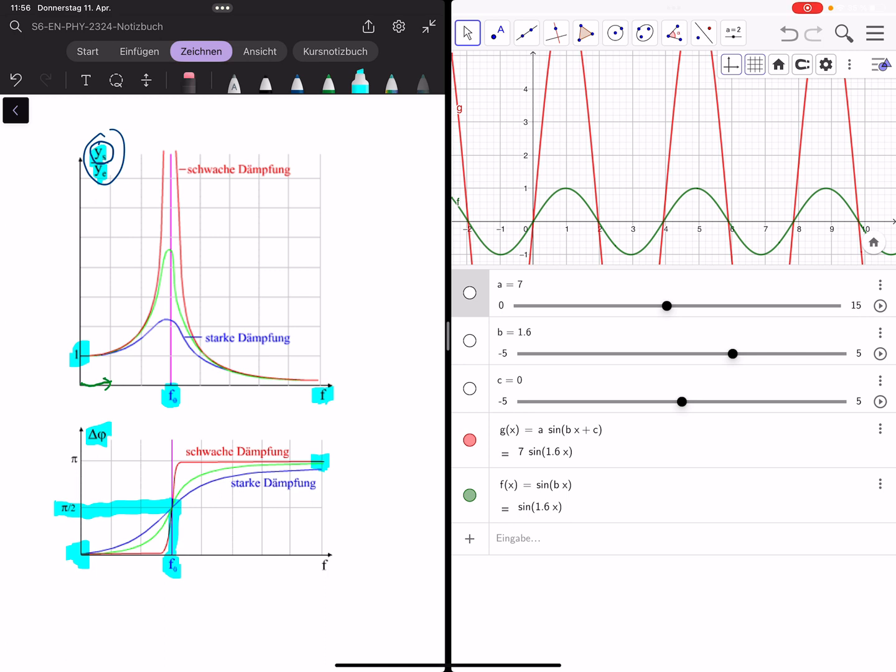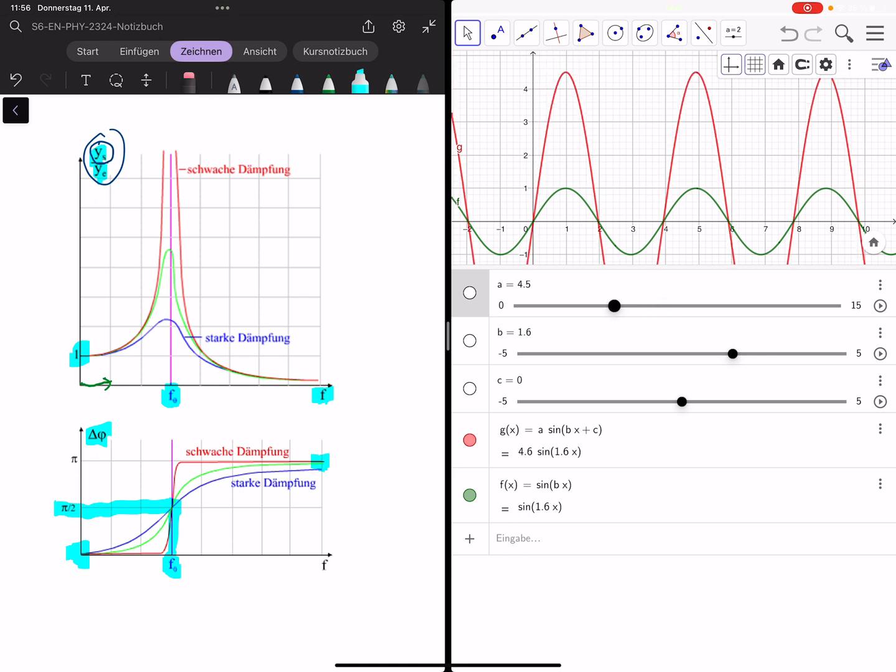We add our acceleration vector to the one of the swing, and the acceleration starts at the turning point. There it starts to accelerate towards the equilibrium. And just for a better view, I will change that a little bit.